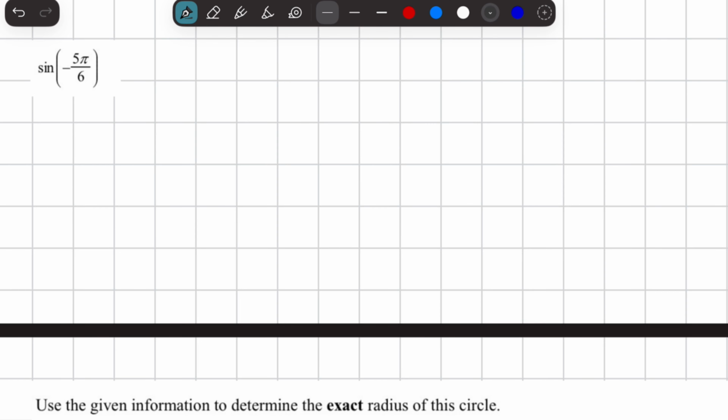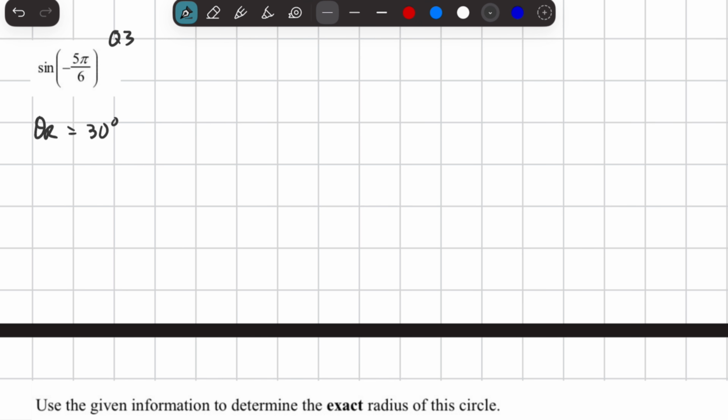Now that we know that we're in quadrant 3, we can go ahead and find our reference angle. We know that pi over 6 is 30 degrees, and we can multiply 30 degrees by 5 to get 150 degrees. So we know that this is equal to negative 150 degrees, and we can just do 180 take away 150, and we're left with a reference angle of 30 degrees.